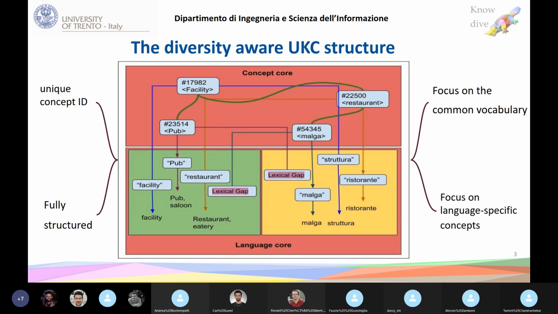These two are examples of language-specific concepts, and this is how UKC includes them. It also provides a feature of giving a gloss to these word senses in a common language, making it easy for everyone to understand.